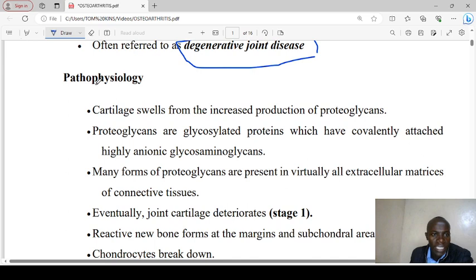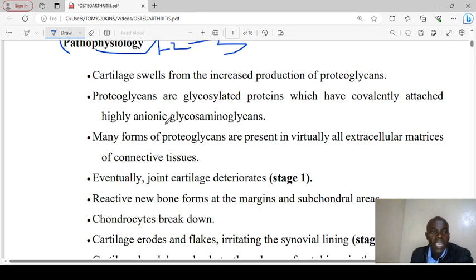So what is the pathophysiology? In pathophysiology, this disease involves three stages: stage 1, stage 2, and stage 3. So first of all, we normally have the cartilage swelling from increased production of proteoglycans. Remember, proteoglycans are glycosylated proteins which are covalently attached to highly anionic glycosaminoglycans.